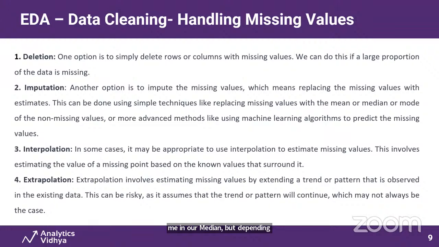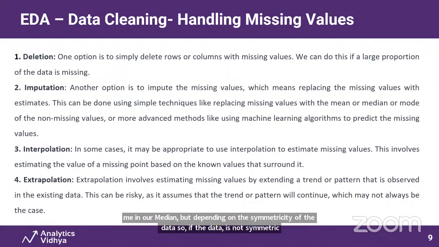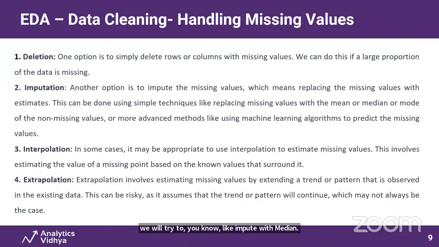If the data is not symmetric, we will impute with median. If the data is perfectly symmetric, which is not the ideal condition and never happens in raw data, we will sometimes impute with mean. And mode is used when the data is categorical.